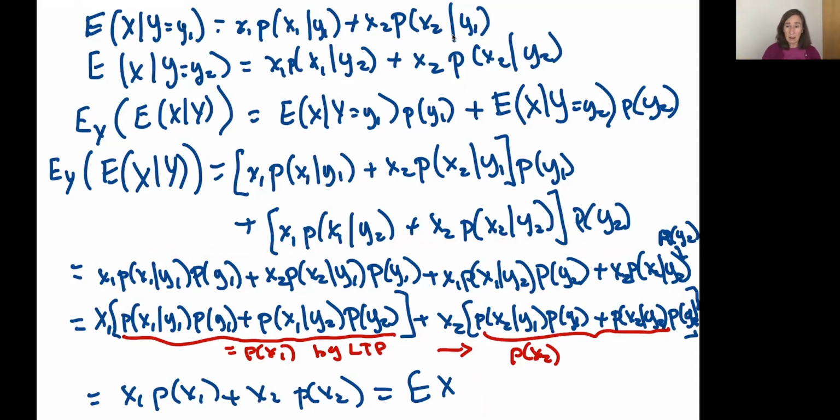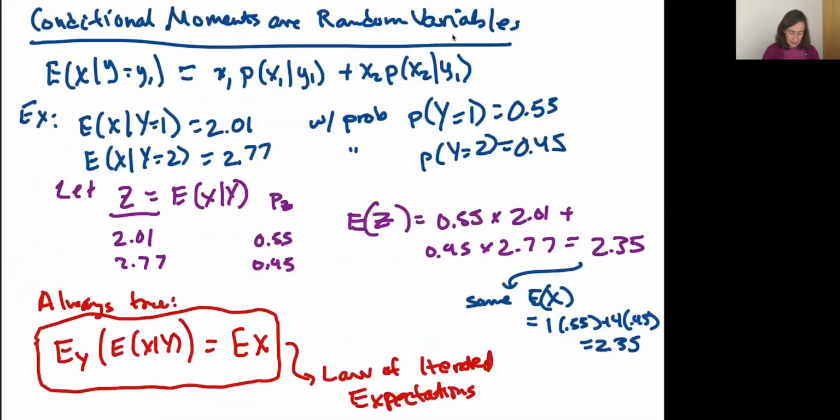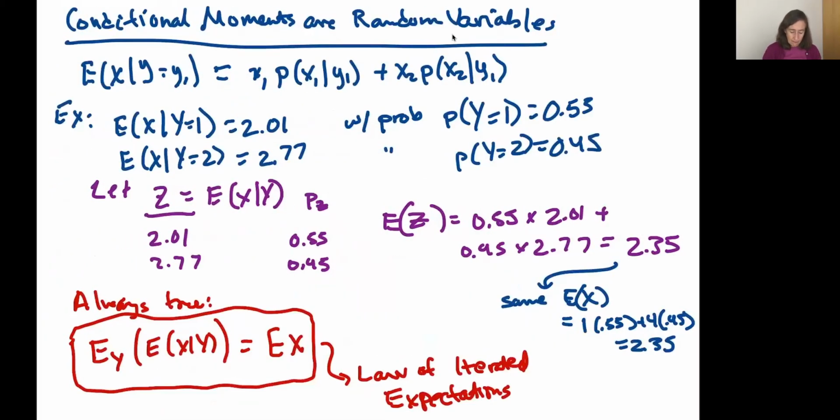You will be seeing this a lot. And again, as I was saying before, it really does make sense. What we expect to think about x after we learn y has got to be the same as what we expect about x before we know y. It's almost like, how could it be any other way? It's absolutely true.